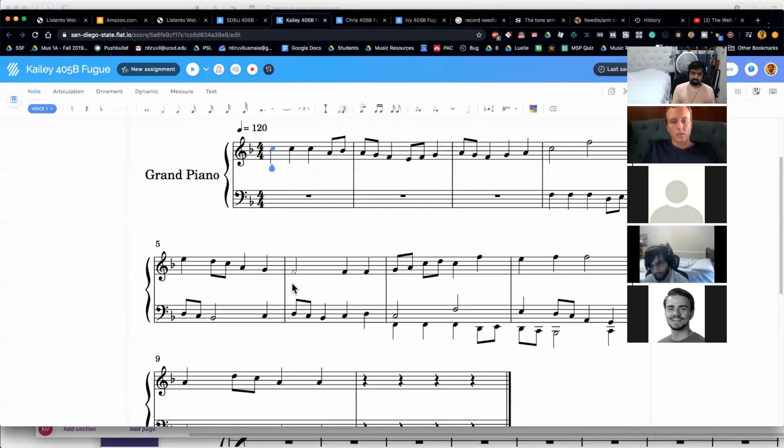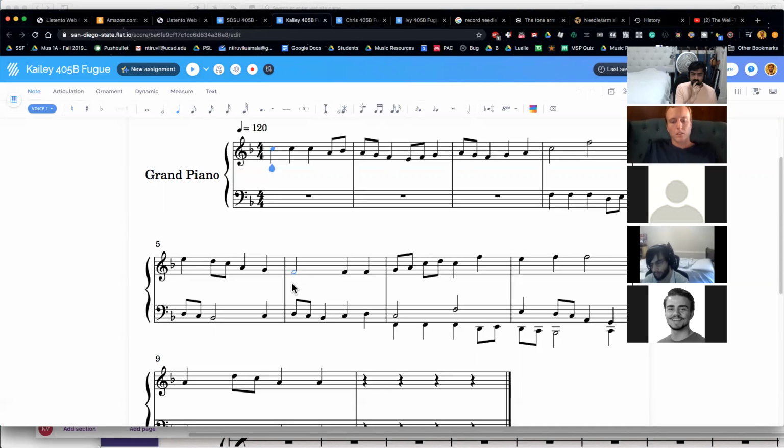It doesn't feel as C major as it could to my ears. It still seems like it's an F major. At the beginning, that's okay. But you know, you have a lot of B flats.